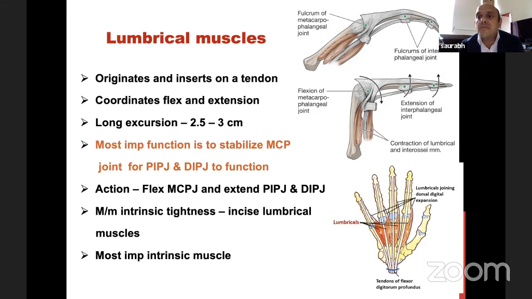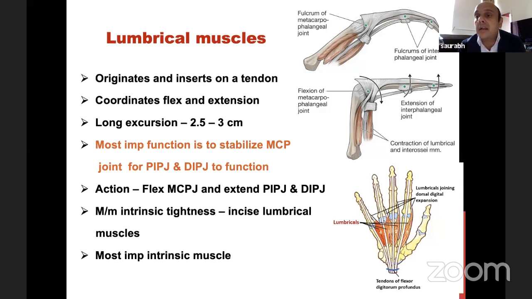So in the exam, if you are asked about intrinsic tightness, it's very easy to explain and very easy to deal with. So the most important intrinsic muscle is the lumbrical. To me, this is the most important slide for this whole lecture.